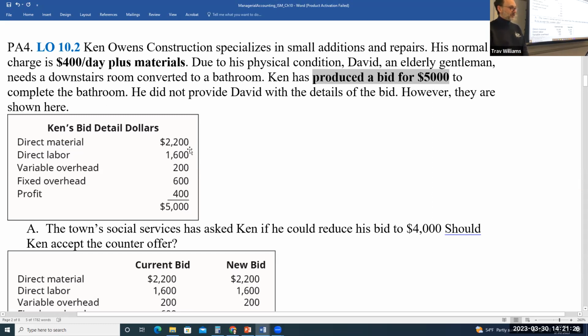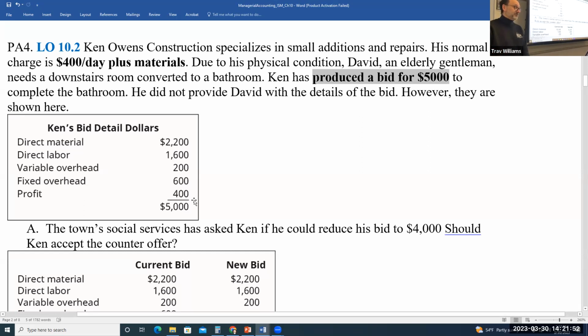Well, here's the bid. Obviously, the company has to cover their materials, their labor costs, and their variable overhead. Their fixed overhead, you could look at it either way, right? Because their fixed overhead is probably being covered by other work. So you could take that out of the equation if it's not specifically related to this job.